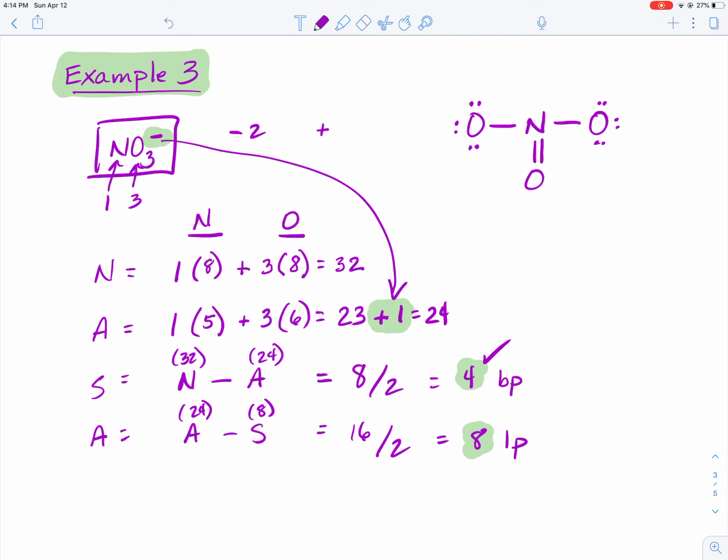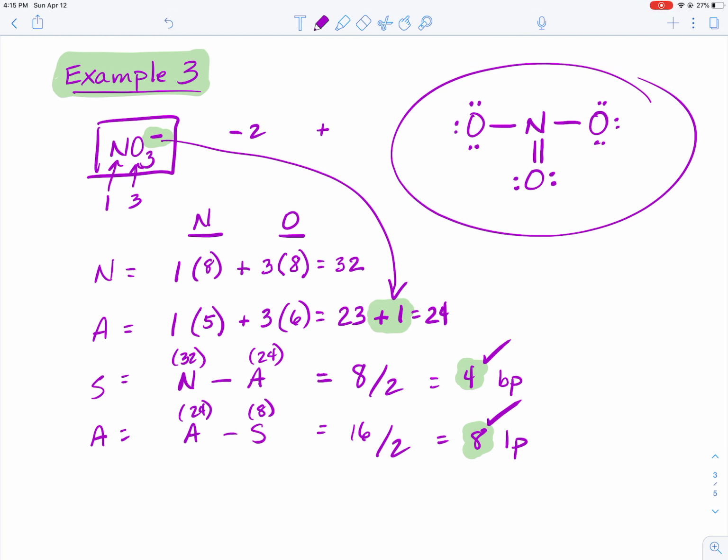So we have 2 more. And if you look at the oxygen here, it turns out it already has 4. So it only needs 4 more, which is our 2 lone pairs, which fits perfectly mathematically. And so I'm going to draw it like that. And so now that actually matches. Our 4 bonding pairs and now our 8 lone pairs match with the structure that we have drawn here.